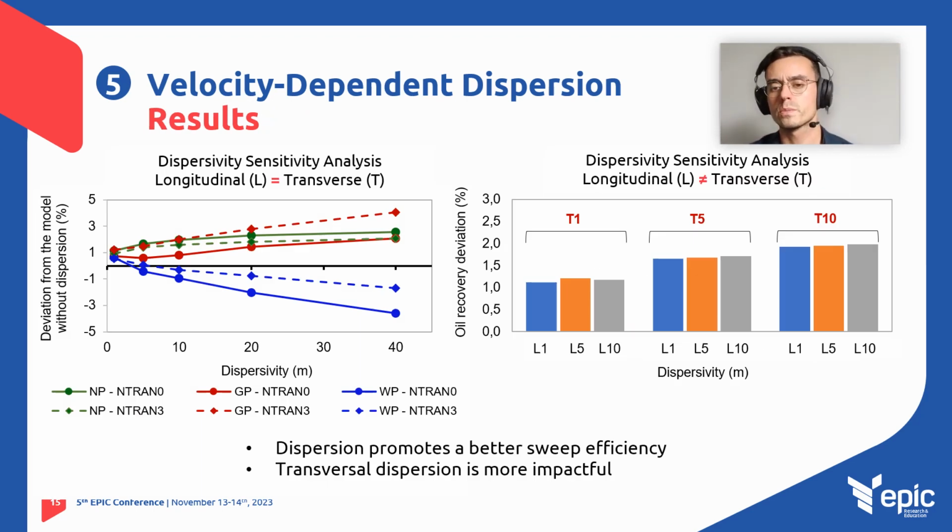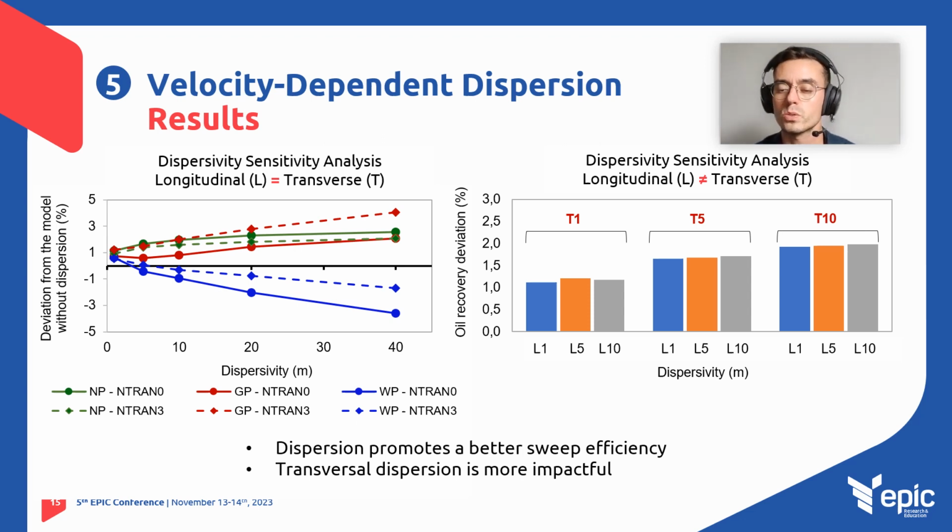So I performed some sensitivity analysis to investigate its dispersivity effect, and what we can see in the figure on the left is that dispersivity increases oil production and gas production and decreases water production. And in the figure on the right, when I keep the same transverse dispersivity value and I change longitudinal dispersivity, the deviation on oil recovery is very small.